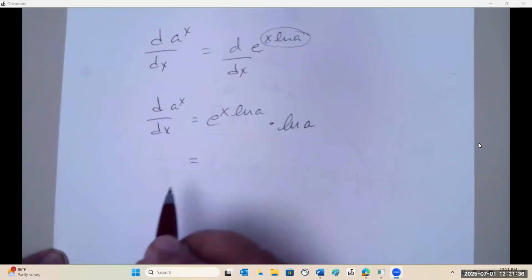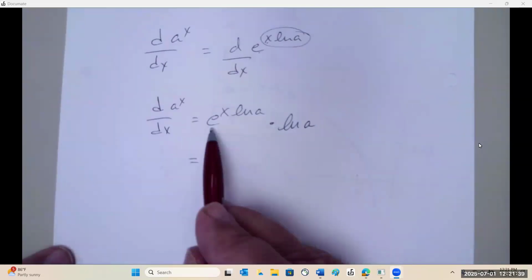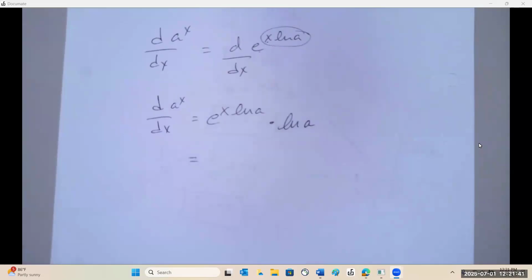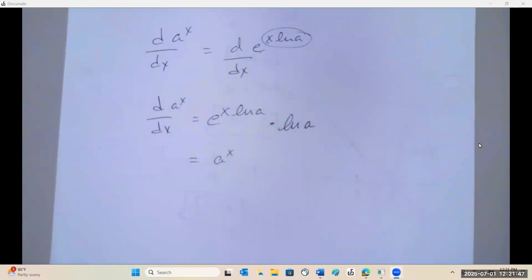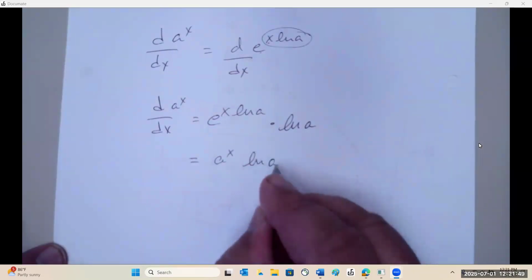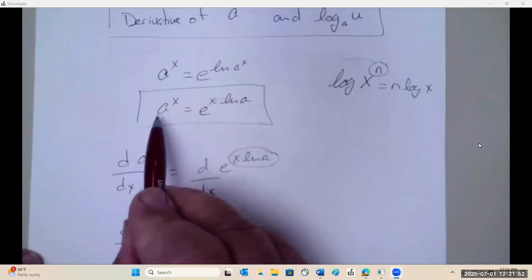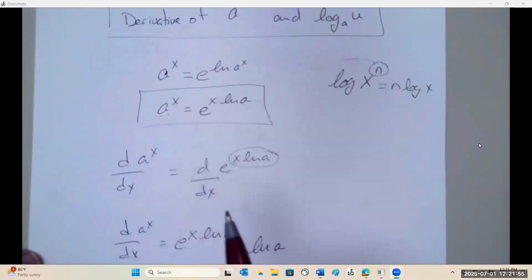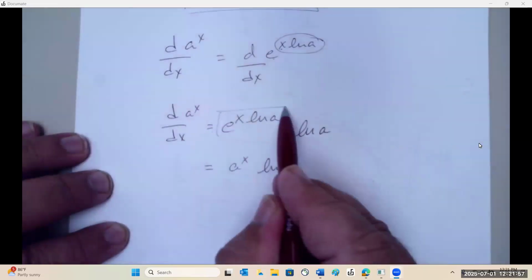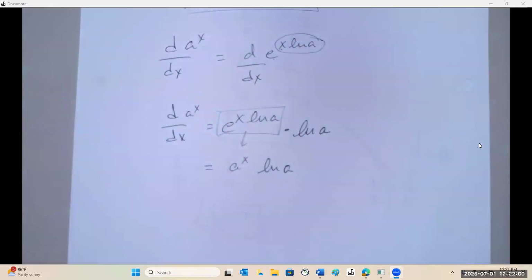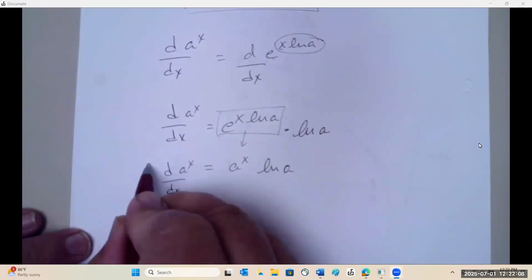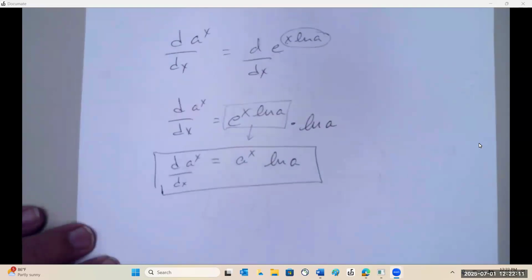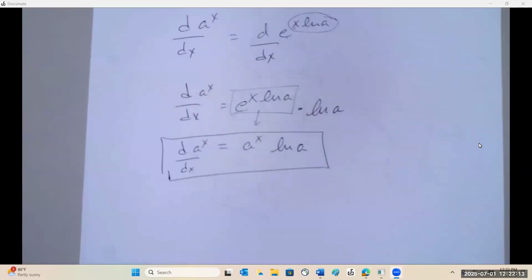Now put this thing back in terms of a. Remember up here, a to the x equals e to the x ln a. So this goes back to being a to the power x. So this is our derivative of any base a other than e.